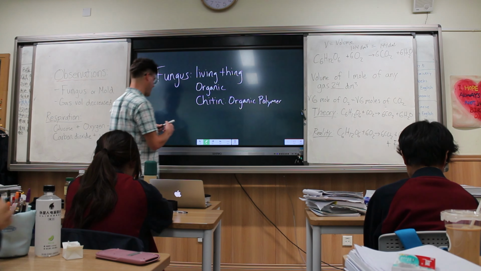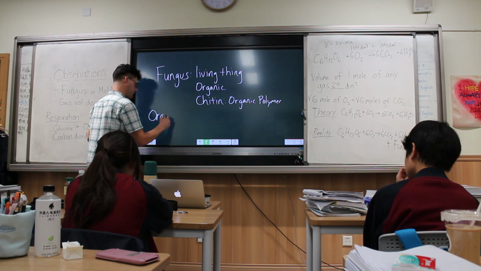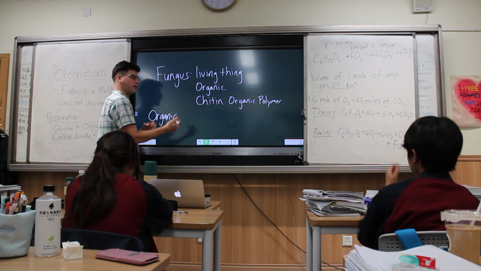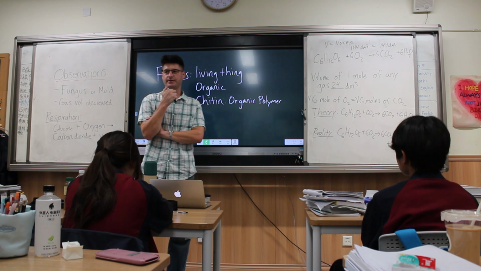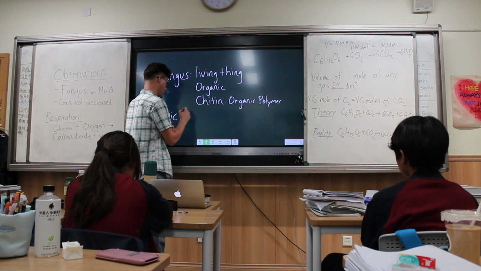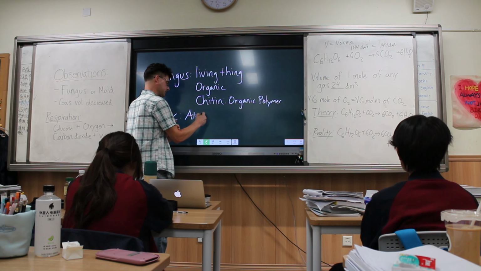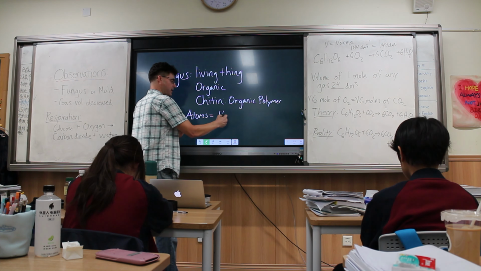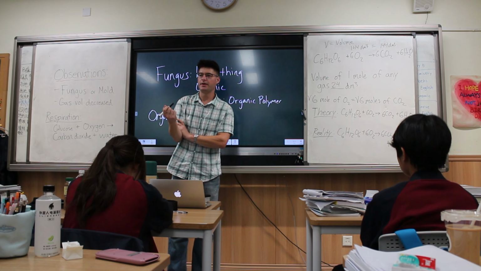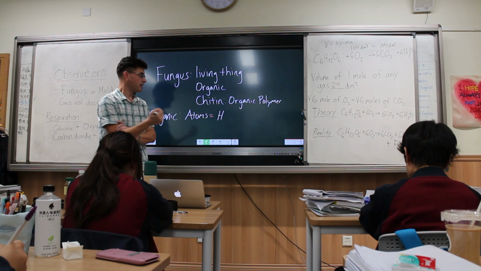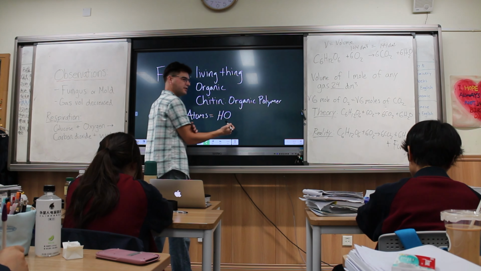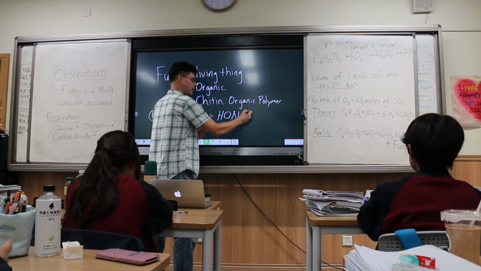Okay, so organic things, living things, are made up of what atoms? We haven't taught you this yet, so I don't think you know. But in organic chemistry, next semester you're going to learn that organic substances or living things are made up of hydrogen, oxygen, nitrogen, and carbon.